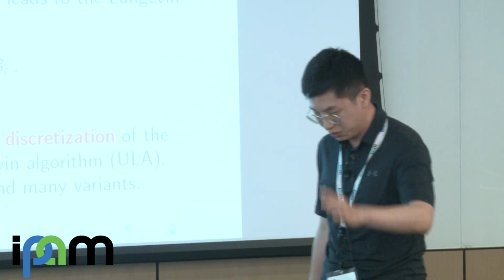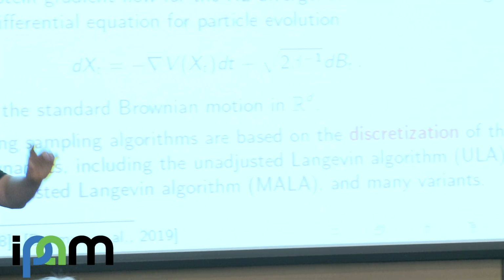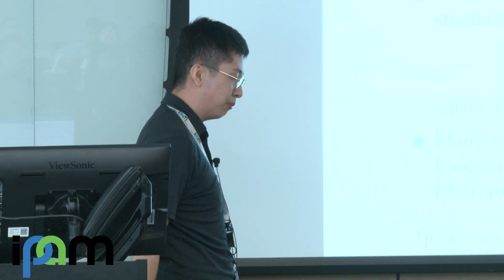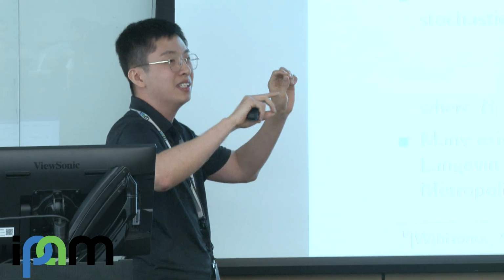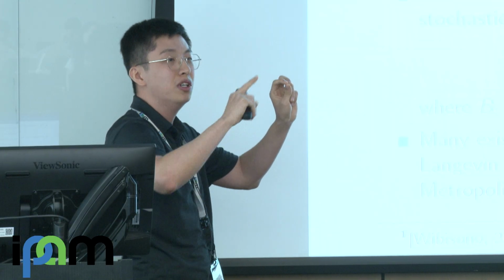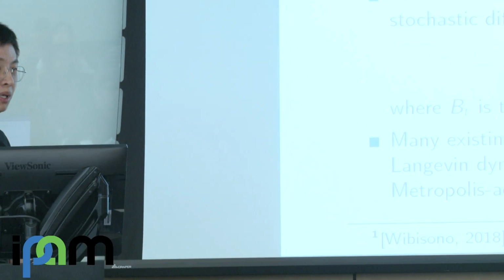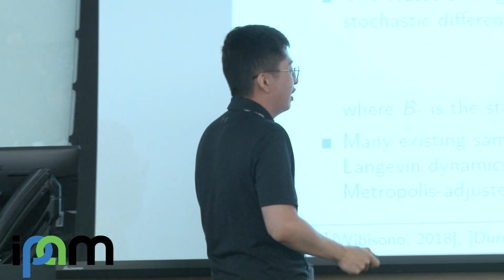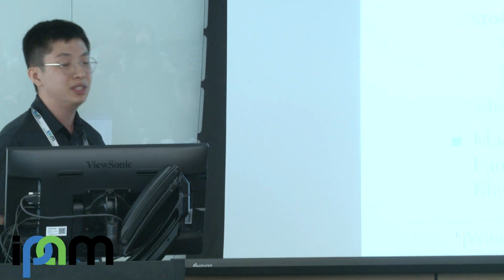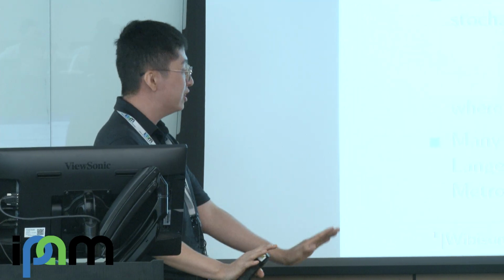I have to recall the excellent talk by Professor Lin yesterday: there was a cartoon showing that the unadjusted Langevin usually takes forever to hit the correct global minimum, because the Brownian motion term does not give sufficient exploration. So that's one issue with the Brownian motion.